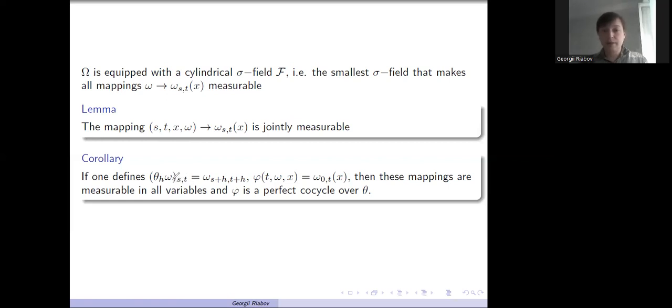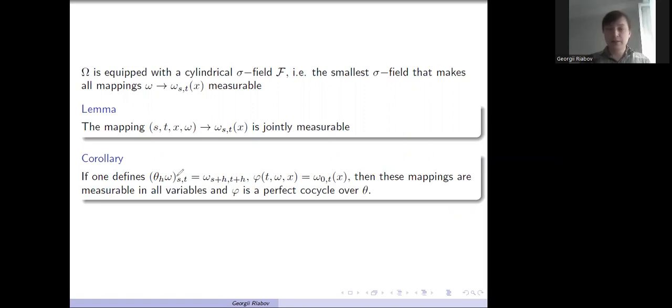So let us define the shift theta just by shifting arguments of the flow, and define phi as the mapping from the flow that acts from 0 to t.